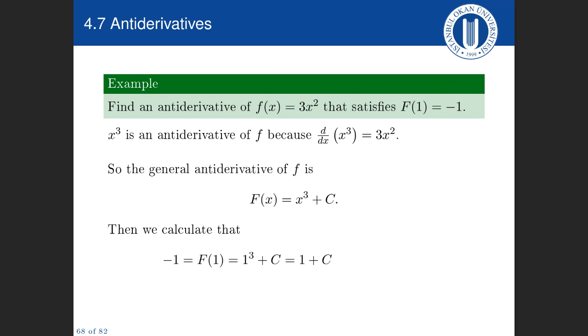So this is what we want. We want minus 1 to equal capital F of 1. And we know that capital F of x is x cubed plus c. So capital F of 1 must be 1 cubed plus c, or 1 plus c. We need to choose the number c so that 1 plus c is equal to minus 1.